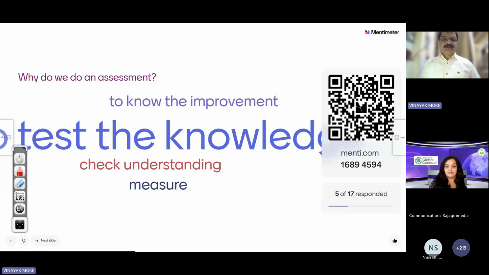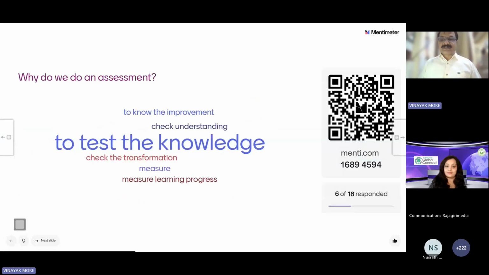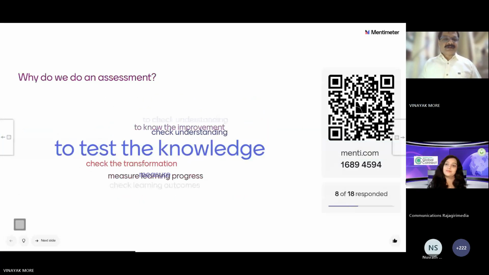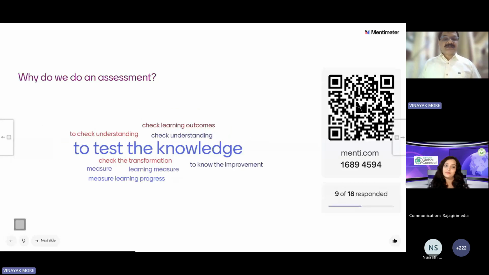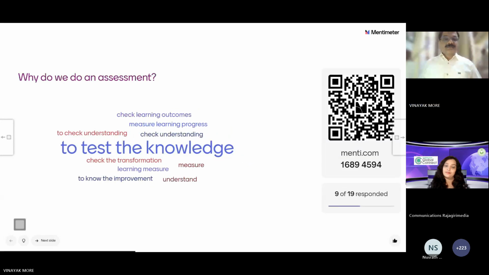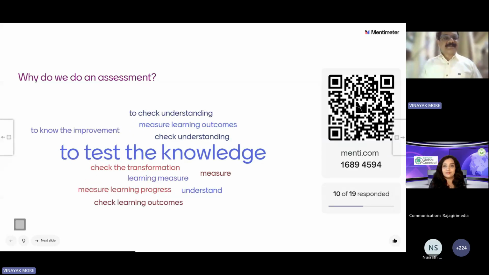To test knowledge, many of you who have voted believe testing knowledge is the prime measure of learning progress, to know the improvement. Very good. To check the understanding, to test the knowledge, it is the same.